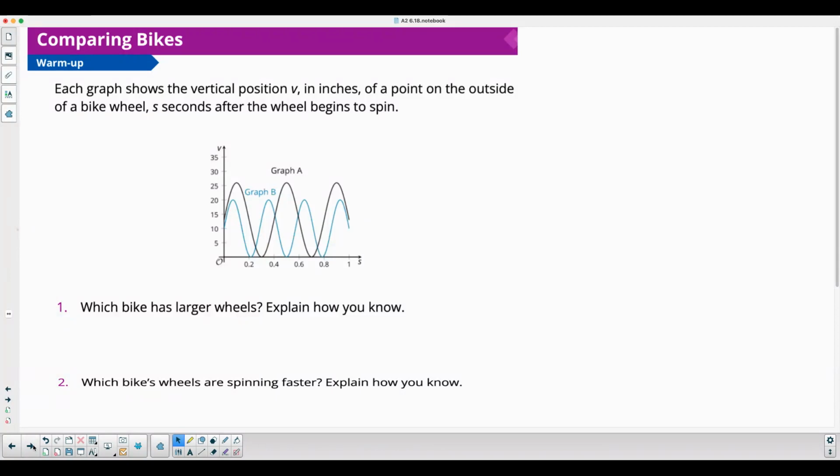So the y-axis is the vertical position in inches, and the x-axis is time in seconds of a bike wheel, s seconds after the wheel begins to spin. Which bike has larger wheels? Explain how you know.